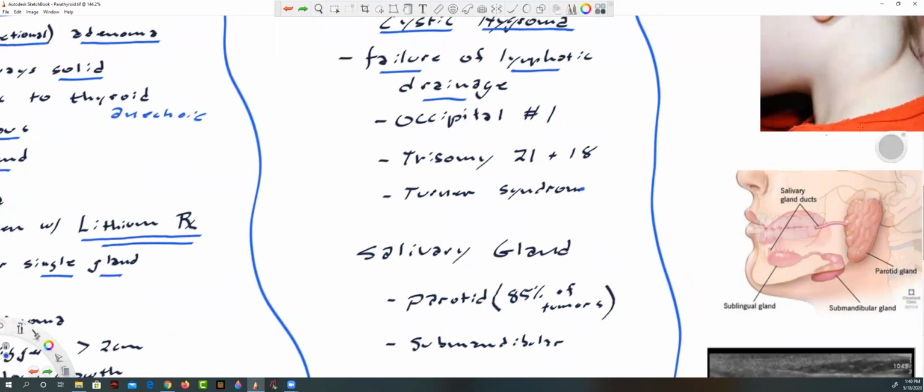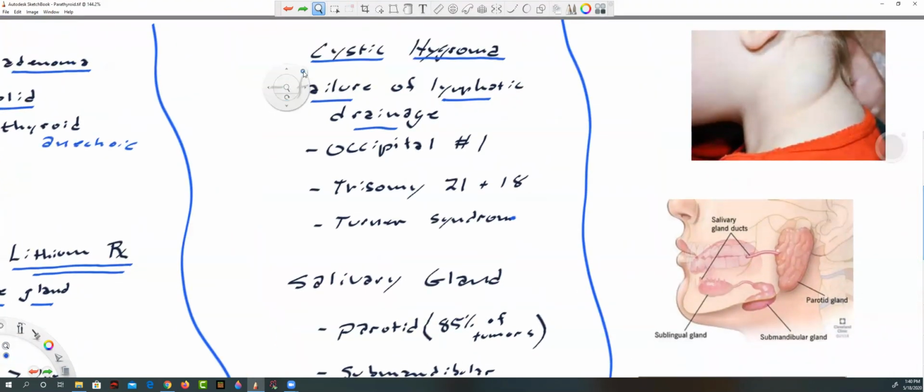Amazingly, a lot of times these things just figure themselves out. The cystic hygroma will actually go away on its own. So somehow the connections are made. By far, the most common are the occipital hygromas.